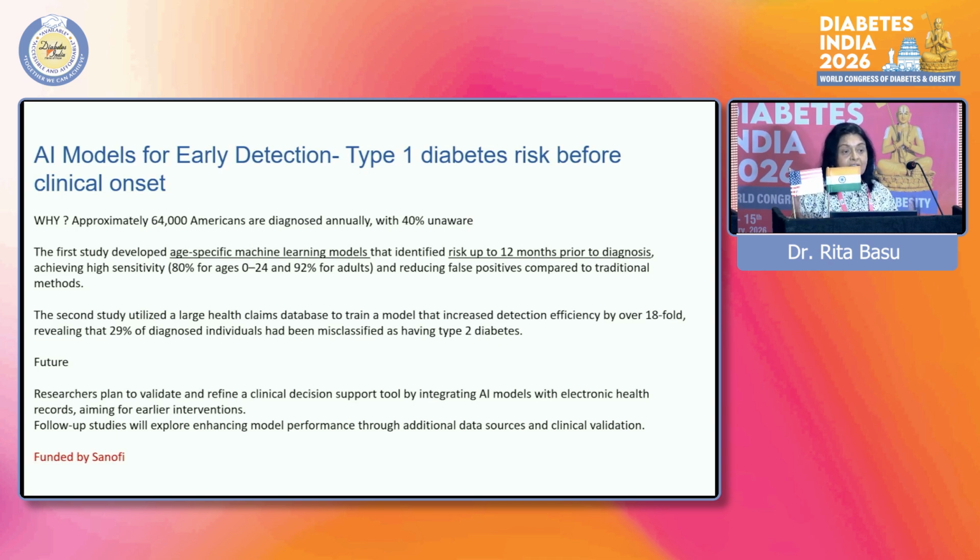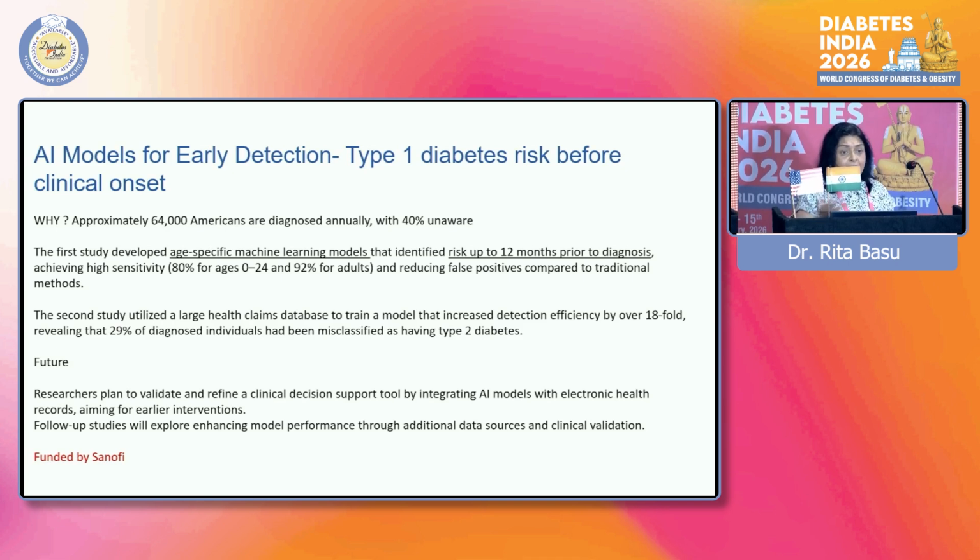You try to integrate the electronic health records within institutions and between institutions, so when people migrate or move around, you can have a unified system of finding out what is going on with them instead of having to start from scratch. Follow-up studies will explore enhancing model performance through additional data sources. You need really large data, and this is a fertile country for data, right? Your population is high, and you have a lot of people with diabetes.